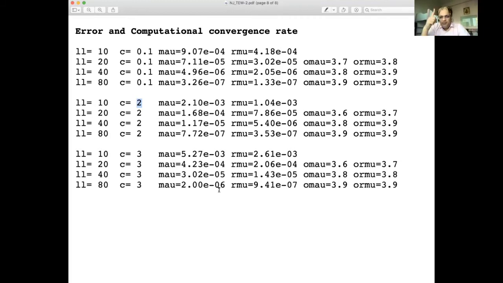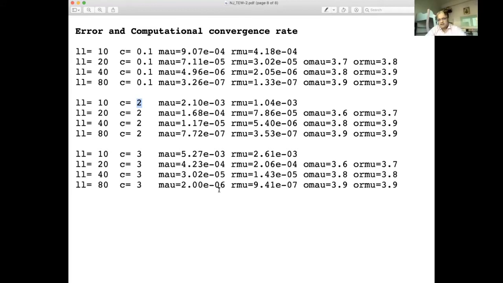The problem I have considered here is a regular problem. In the Burgers equation, I have taken Reynolds number equal to 1. Reynolds number 1 is not a big problem, but when you take Reynolds number equal to 50,000, you have to tune C in such a way that you get a satisfactory result. In that case, a small C will not work at all.